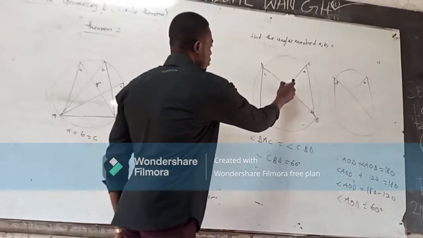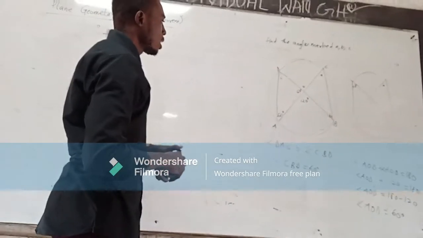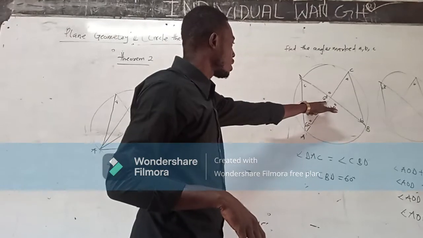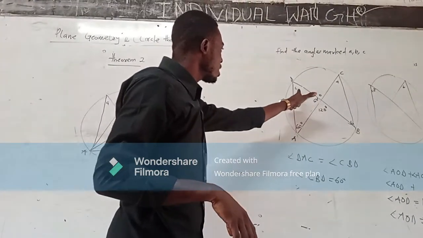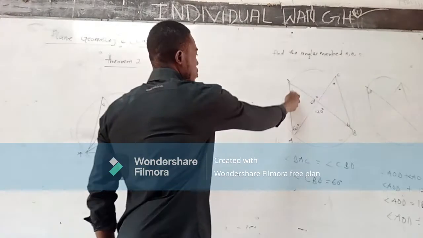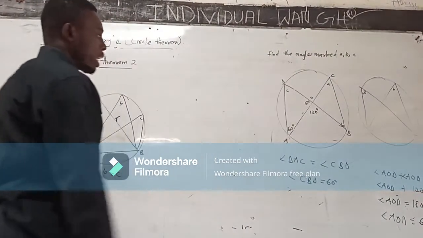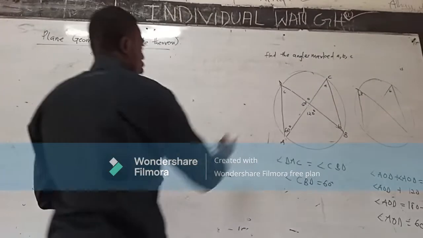They didn't ask us to find it, but once you apply this one to be 60, it will help you to find here. You sum up this one and you are going to get 180. That is the rule in the triangle.